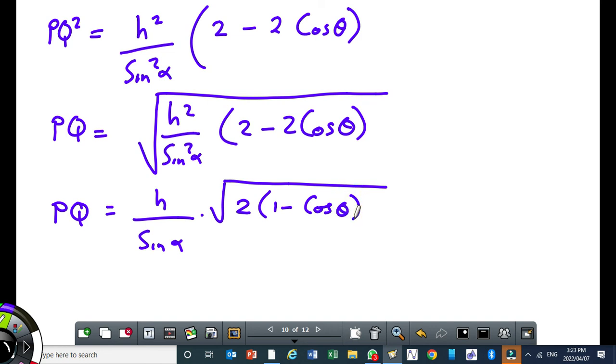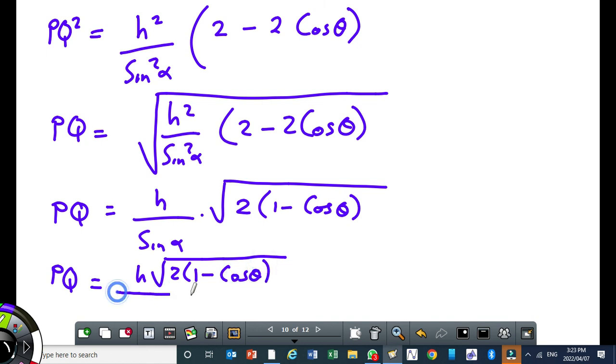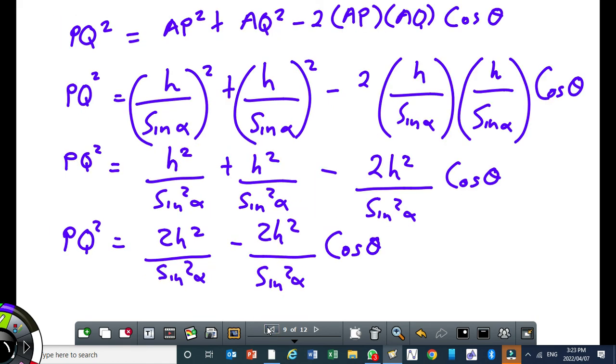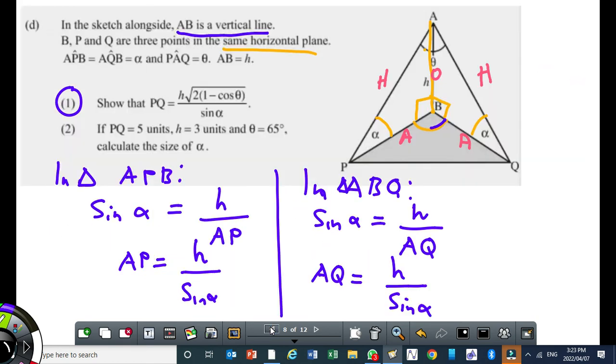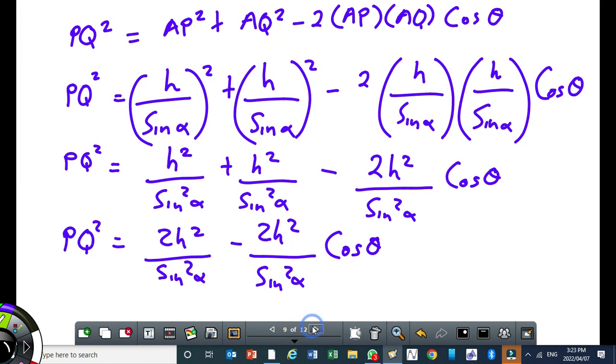I can then finally write this as PQ equal to h times the square root of 2 times 1 minus cos theta, all over sine alpha. Okay, and then I'm done. So I've shown it. I hope you're following.